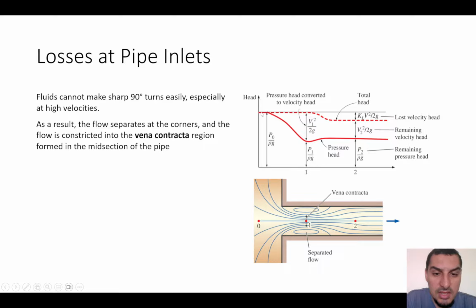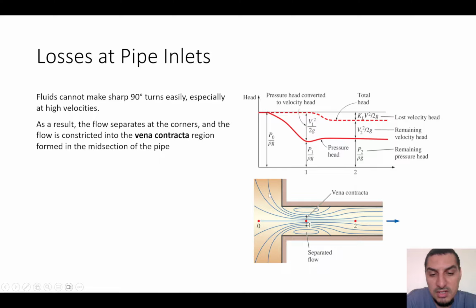You'll see here that once the fluid starts to enter the pipe, the velocity will increase. The velocity here is high. The energy of the fluid, the sum, is still the same, but the component due to the velocity is very high. In the beginning it's mainly pressure. Here it's like a big tank, so the velocity is almost zero.